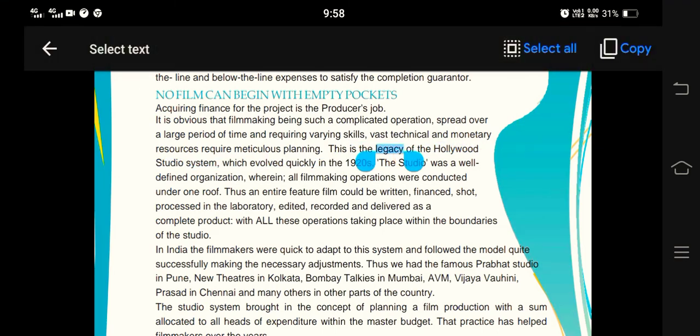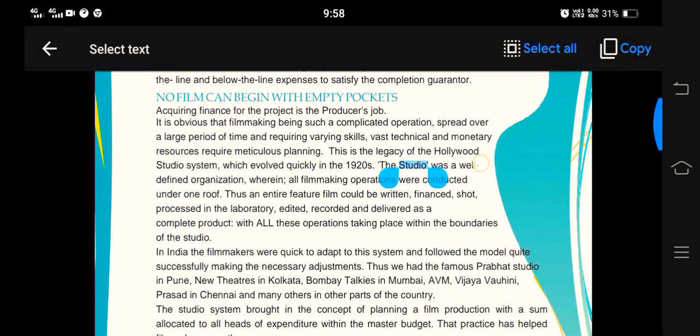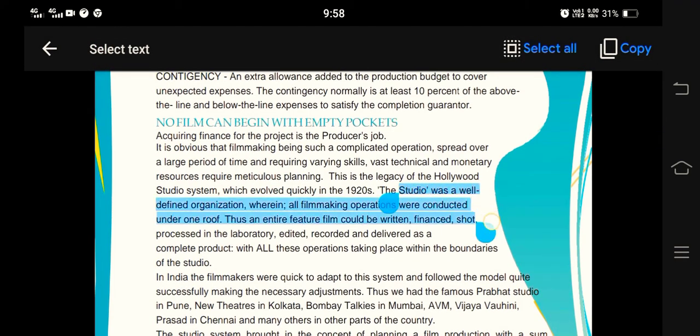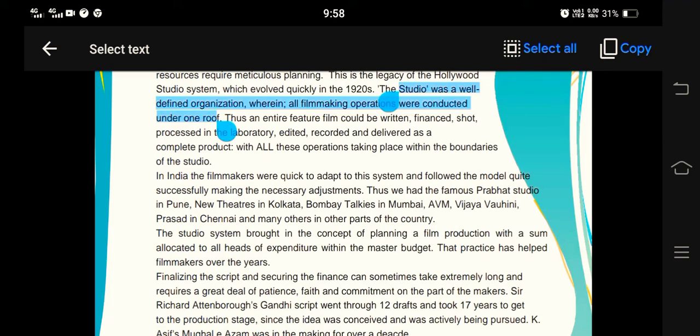So what is a studio? A studio is basically a well designed organization wherein all the filmmaking operations are conducted under one roof. Not just editing, but shooting, everything is conducted in the studio, which is well designed and well organized.